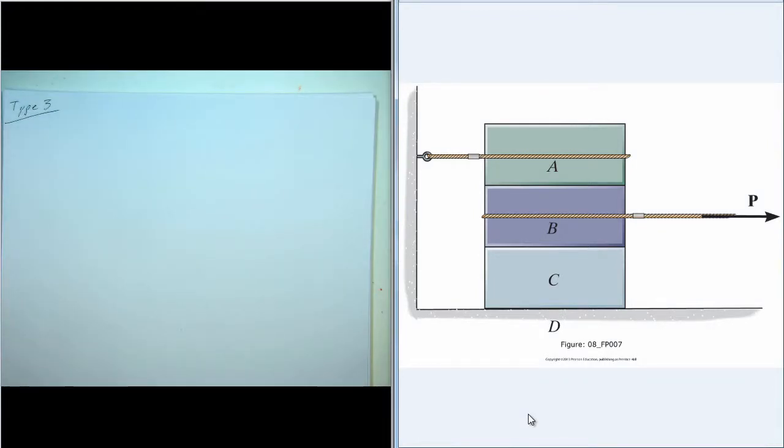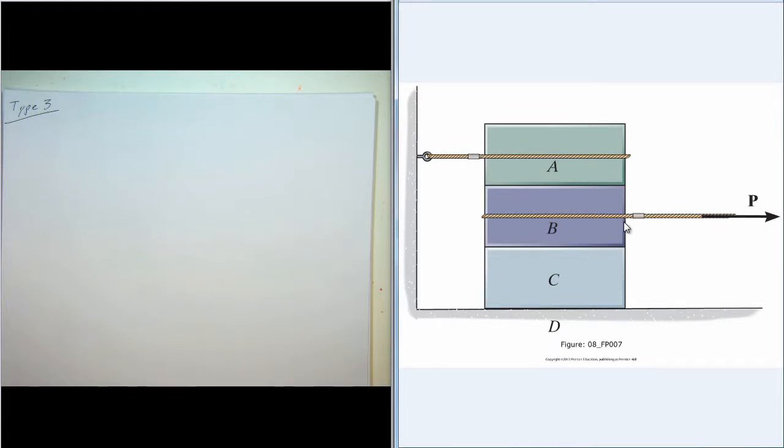So here our number of unknowns is less than the sum of the number of equations of equilibrium and the frictional equations. So what we do is we try the different scenarios and find the lowest force P. So again, this is fundamental problem number 7. So in this case we're given the weights of the 3 blocks and the coefficients of friction between the 3 contact surfaces. So AB has a coefficient, BC has a coefficient, CD has a different coefficient.